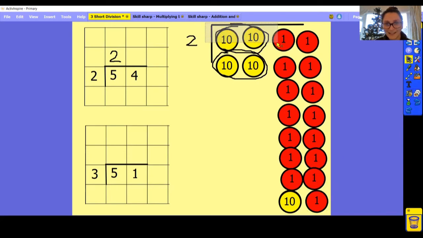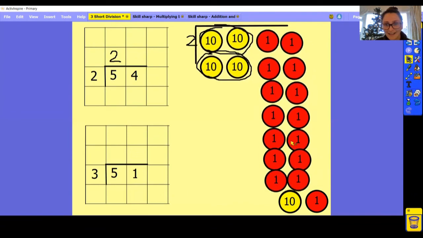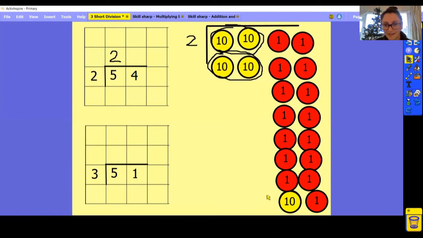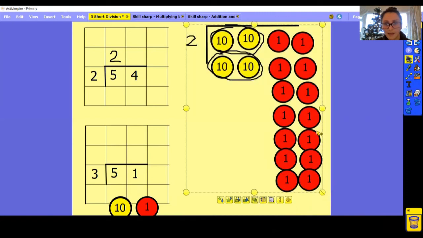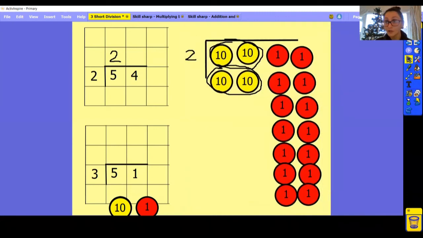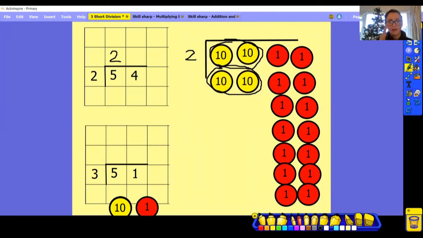Oh, this is all going to be really squished, isn't it? Oh, dearie me. Do you know what will be easier if I move these here? And then move that down. There we go. Sorted. And remember, we're carrying that extra 1 into this column here.